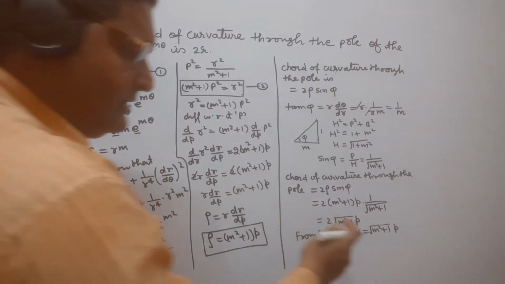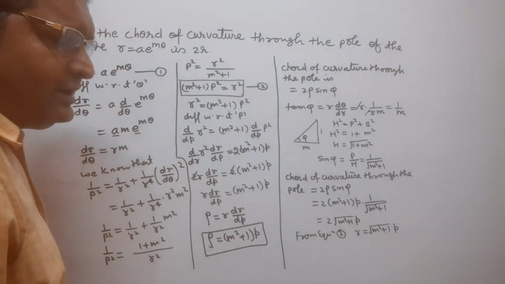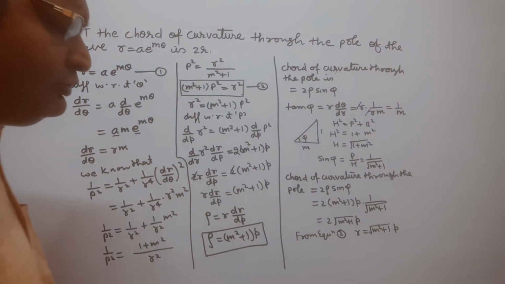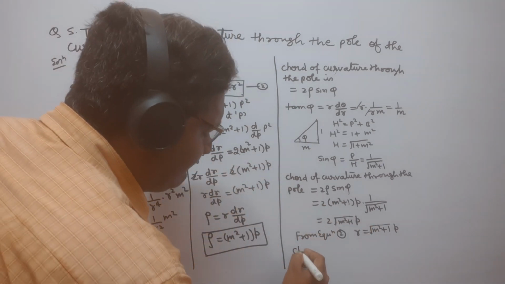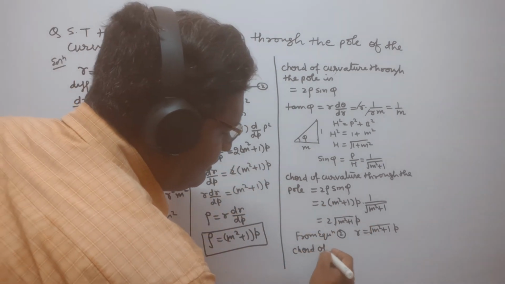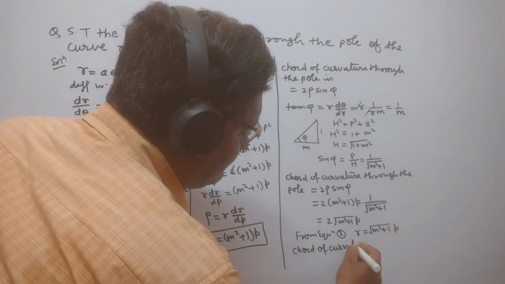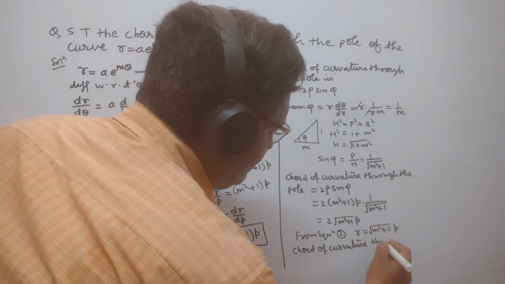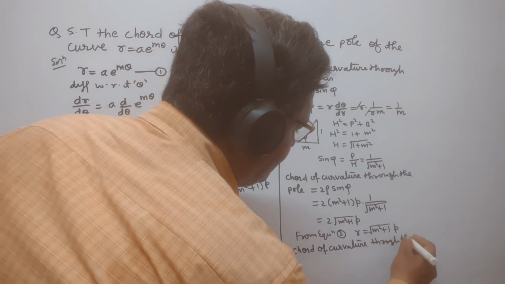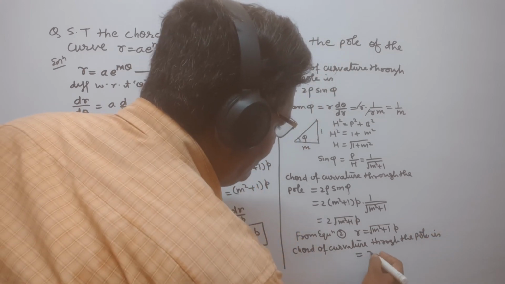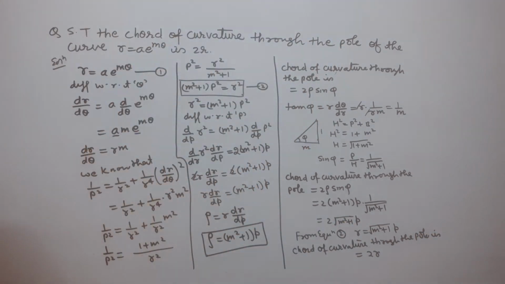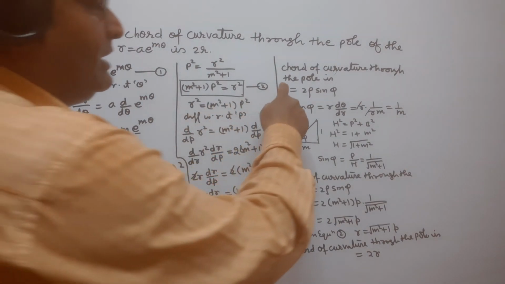So we put here in place of under root m square plus 1 into p, r. So chord of curvature through the pole is equal to 2r.